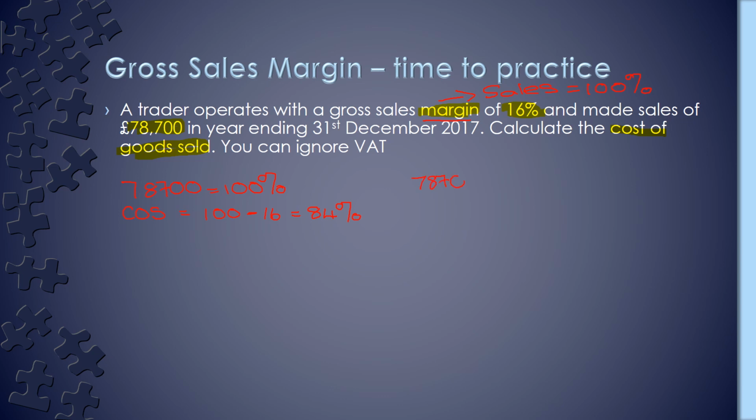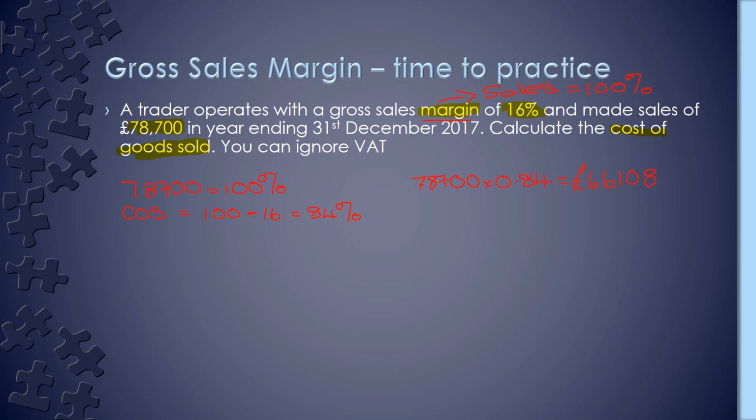We want to work out what 84% is of our sales. So again, you can divide by 100 times by 84, or you can use a decimal way like I do. If you multiply that out, you will come to a cost of sales of 66,108.